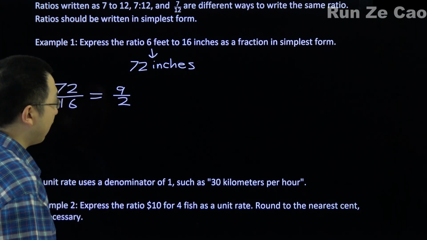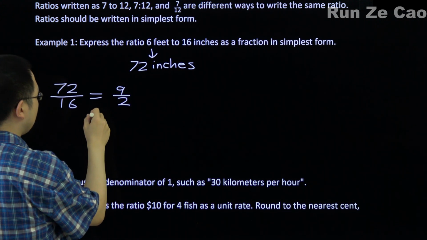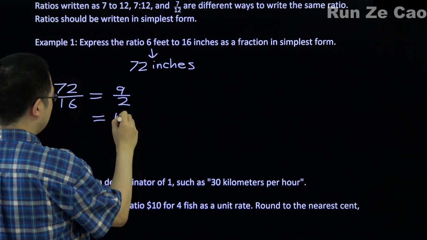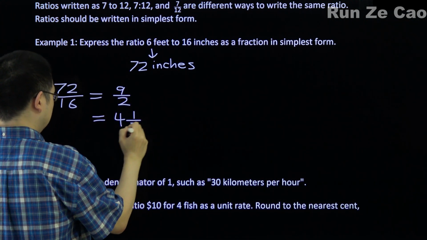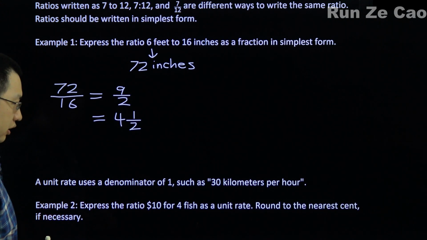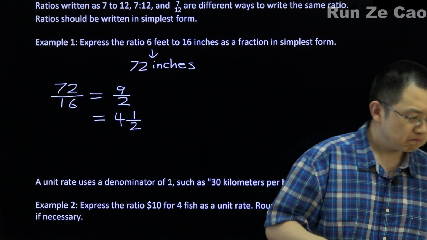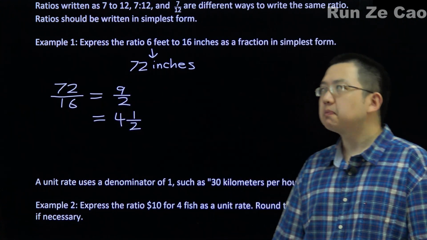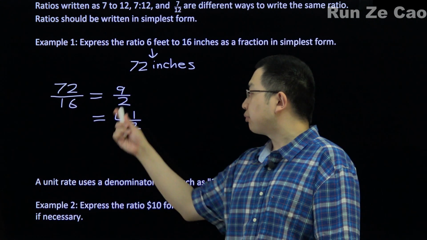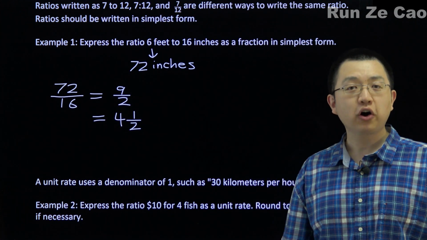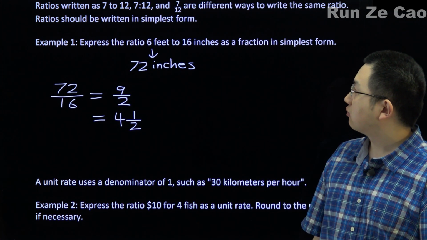This is the fraction. If you want a mixed fraction, you want 4.5. However, when we're doing ratios, it can be debatable, depending on convention, whether improper fractions are preferred when you're expressing a ratio.